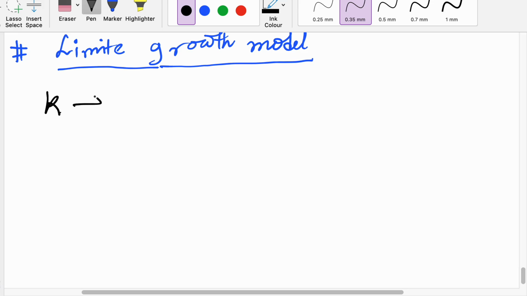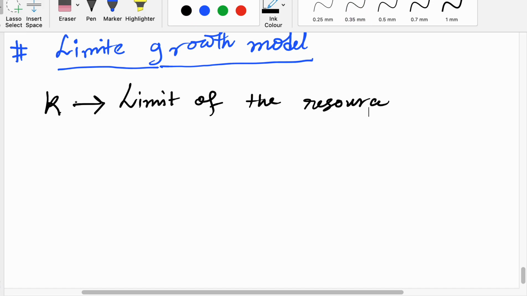So k basically says the limit of the resource. Suppose we can farm such an amount of crop that can only sustain the life of k individuals. So k is called the carrying capacity of the resource.